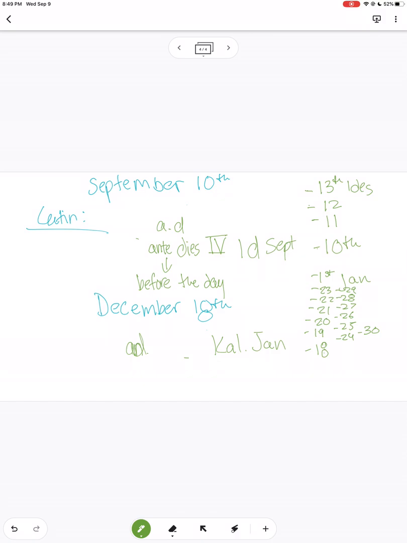So we said 14, so X is 10, and then IV is 4, and there you have December 18th, because it's 14 days before the Calends of January. And that is how they told days of the month.